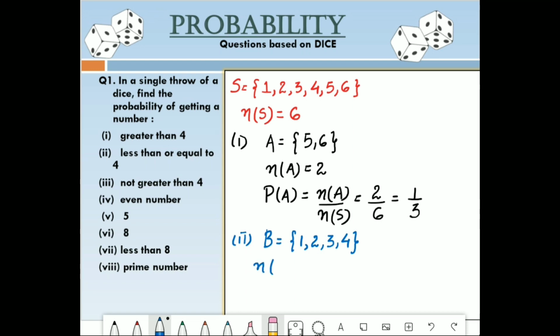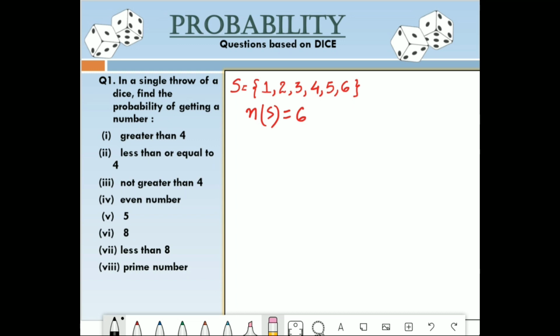So in this case we have a total of 4 favorable outcomes, and the probability is equal to n of B divided by n of S, which is 4 upon 6. Now you have to simplify this. So the final answer is 2 divided by 3. So this way we can solve our other parts as well.